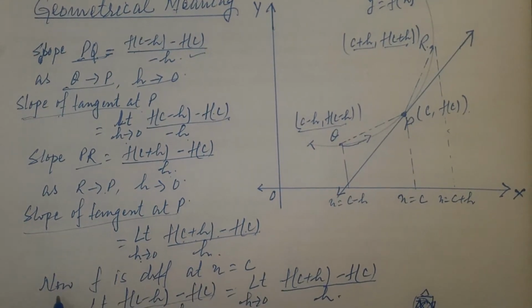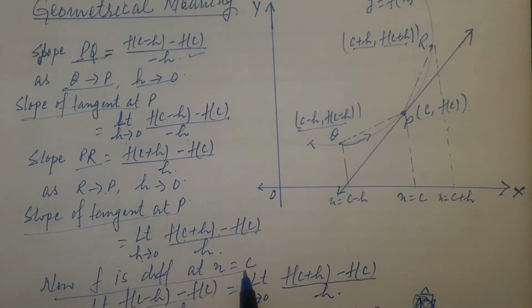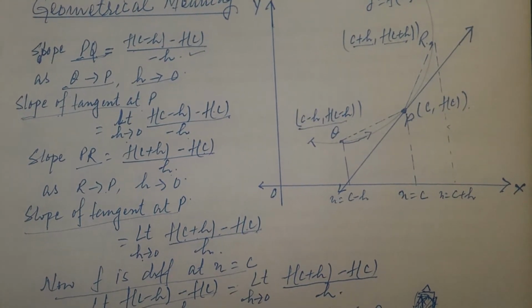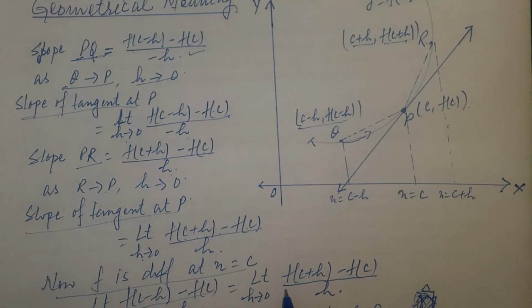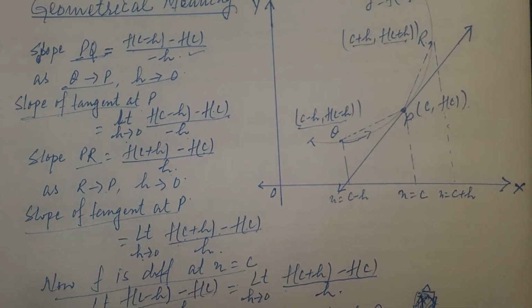Now since f is differentiable at x equal to c, from the definition we know that the left hand derivative should be equal to the right hand derivative, and when we compare we find that they are the slope of the tangent to the function at the point P. It means both the tangents are the same.